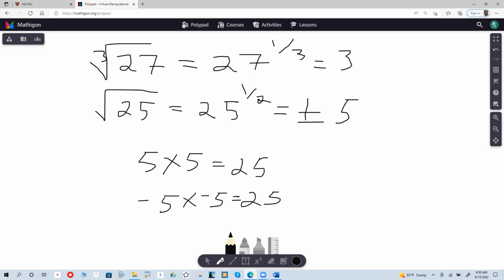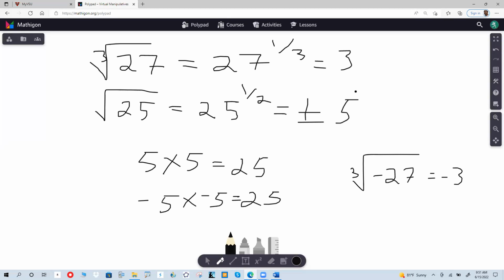So when this fraction has an even denominator, it works with 4, 6 for the same reason, you stick a plus minus. When this fraction has an odd denominator, you just stick to, it could be -2. If I gave you cube root of -27, you would write -3. Okay, so it'll be either plus or minus, but not both.